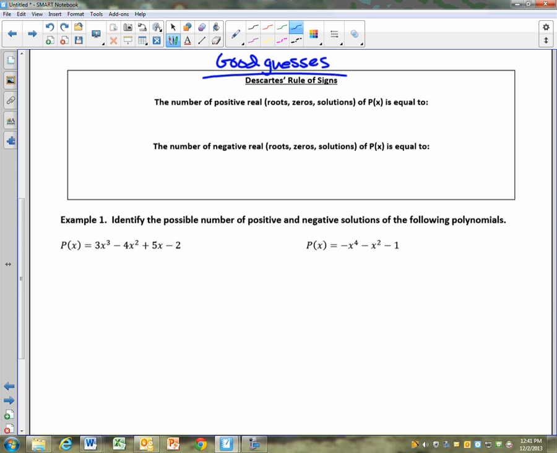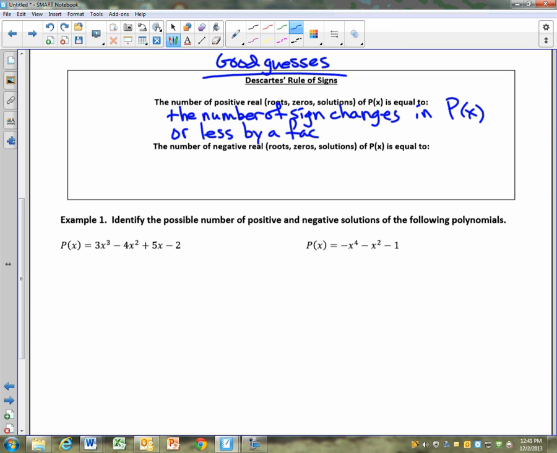And the rule of signs says this. The number of positive real roots, zeros, solutions, those are all the same. They all mean the same thing. The number of positive real solutions is equal to the number of sign changes in P of x, or less by a factor of 2.